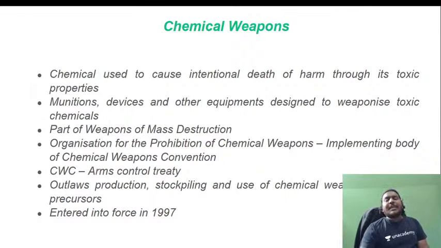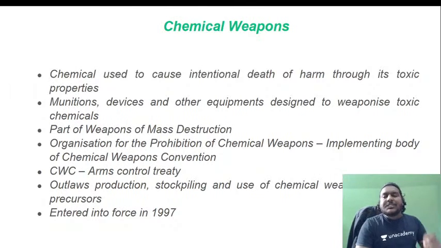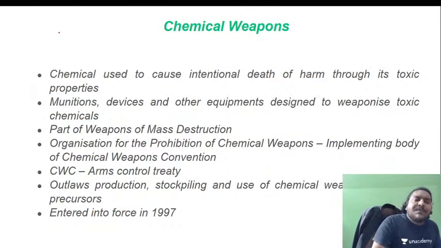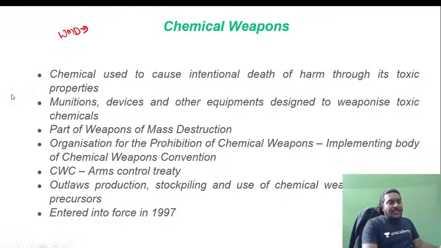So what is a chemical weapon? It's a kind of chemical whose purpose is to cause harm to people through its toxic properties. They are designed to weaponize toxic chemicals. We have some weapons which we call weapons of mass destruction.